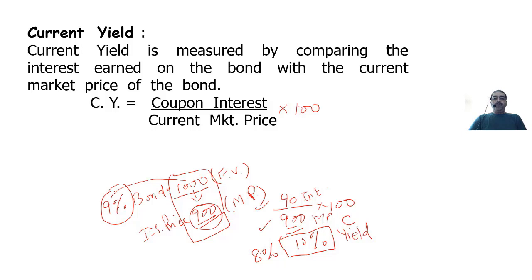What will happen if the current yield is equal to the coupon rate? Then the selling price will be equal to the face value. That means the bonds will be issued at par.